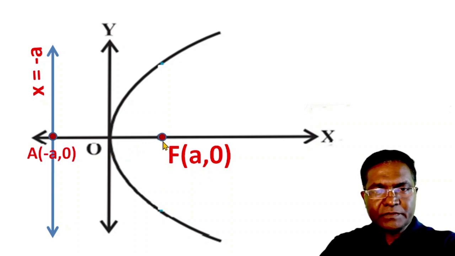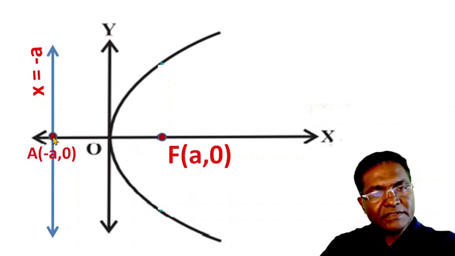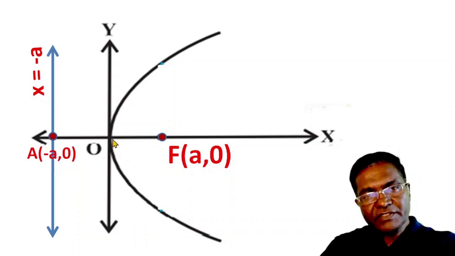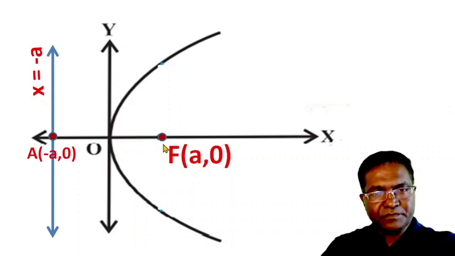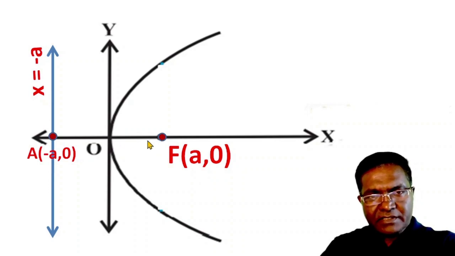So O is at the same distance from the directrix and from the focus. So O is the midpoint of A and F. Draw the figure in such a way that O is the midpoint of A and F, and we take the length of OF as a.